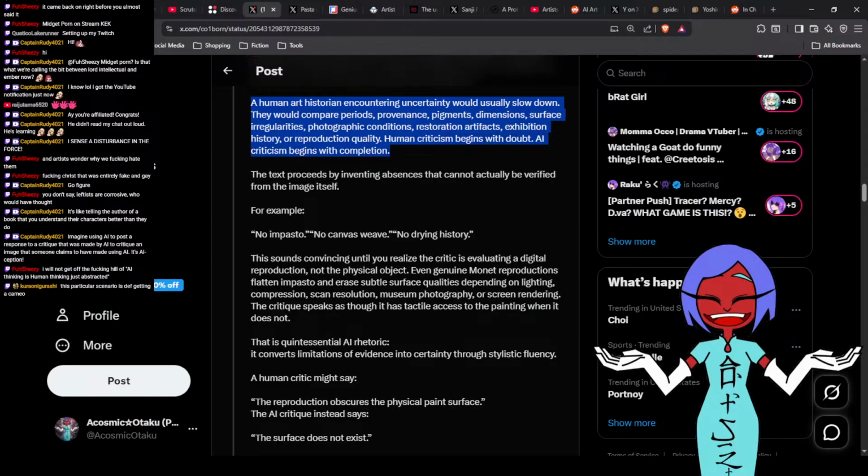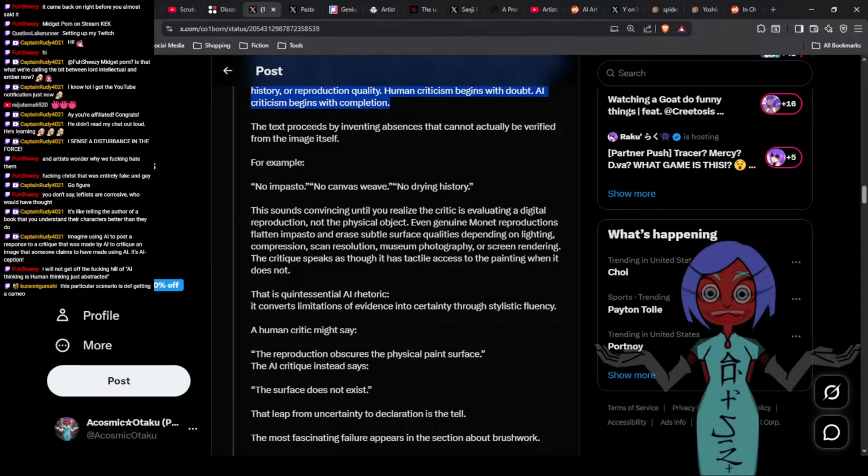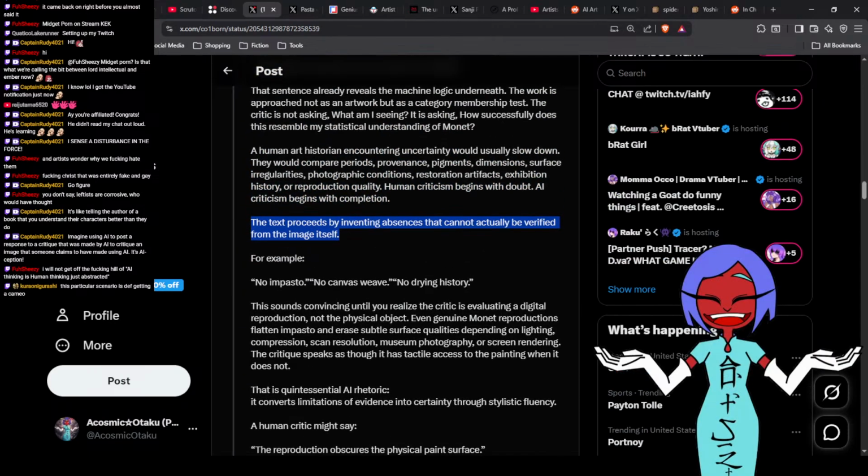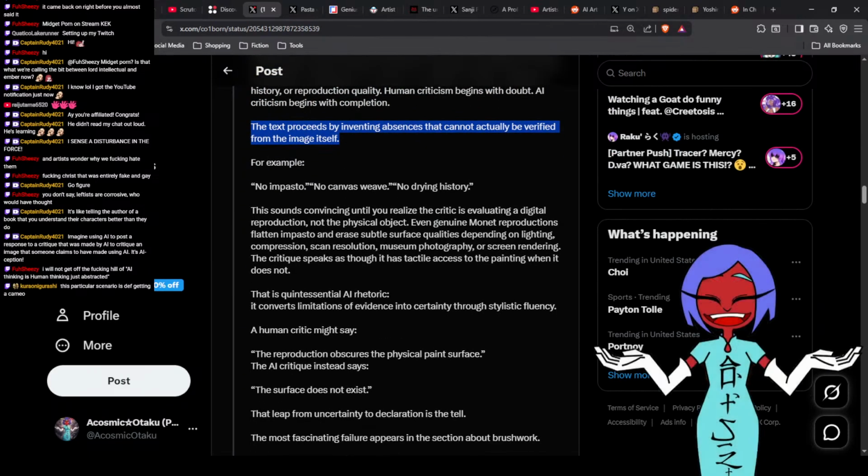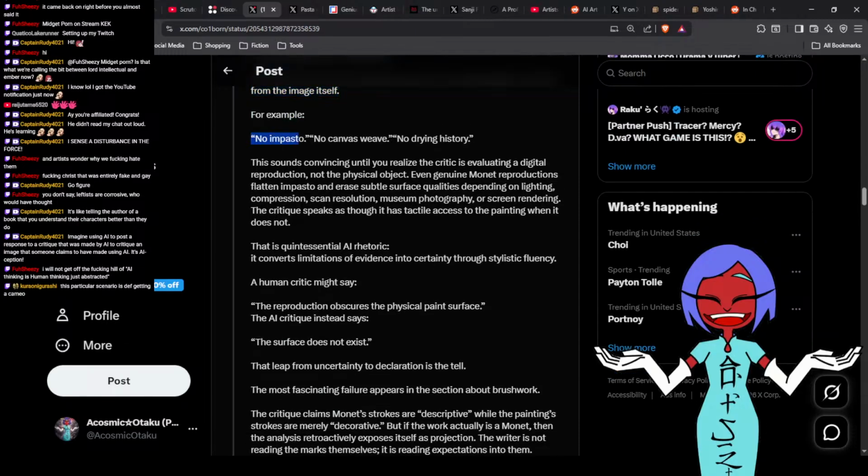AI criticism begins with completion. The text proceeds, and yes, you know what? Fair enough. I oftentimes have to ask myself, hold on, am I reading too much into this? So the text proceeds by inventing absences that cannot actually be verified from the image itself. For example, no impasto, no canvas weave, no drying history.